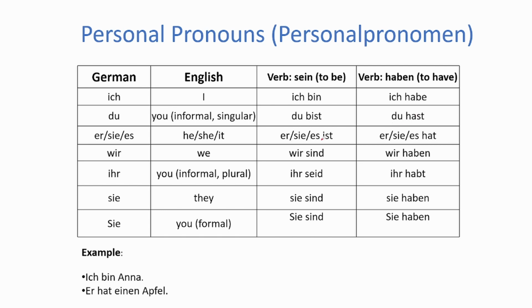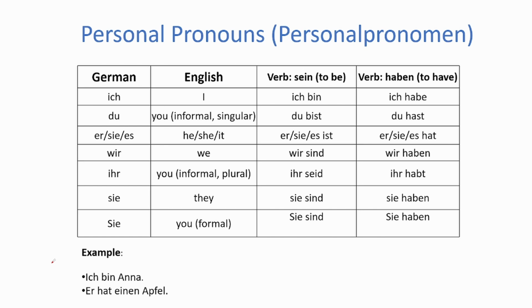Er, sie, es ist. Er, sie, es hat. Wir sind. Wir haben. Ihr seid. Ihr habt. Sie sind. Sie haben. And same for Sie with capital S: Sie sind and Sie haben.